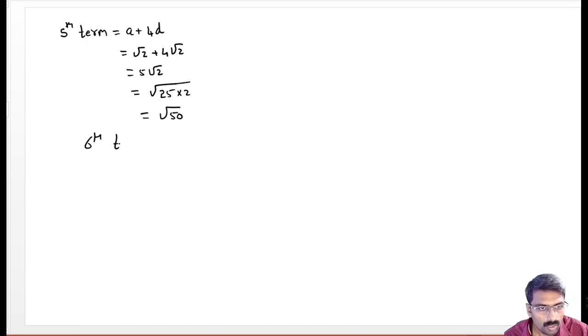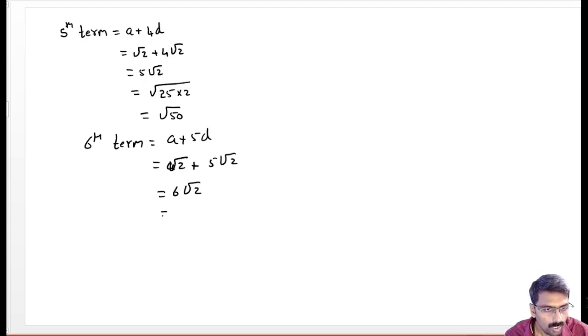Similarly, sixth term will be equals to a plus 5d, which is equals to root 2 plus 5 times root 2, which would be equals to 6 root 2, and 6 when we take inside, it would be 36 into 2, which would be equal to 72, that is root 72.